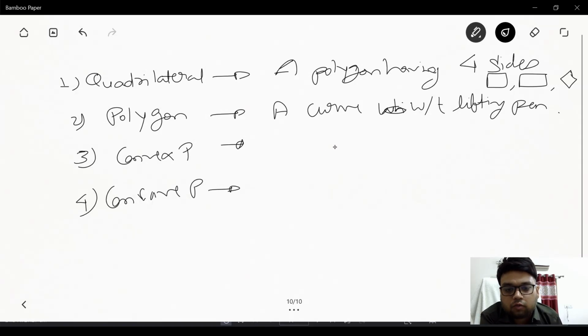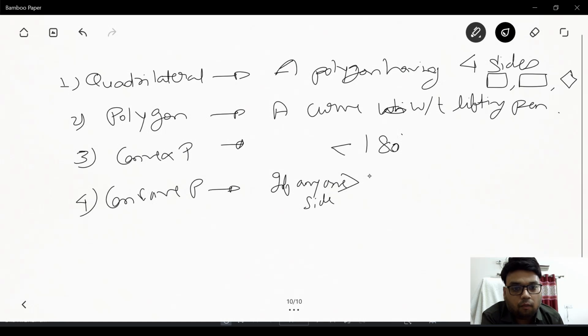A convex polygon has every angle less than 180 degrees; no angle should be more than 180 degrees. In a concave polygon, if any one angle is more than 180 degrees, then the figure is termed a concave polygon. The definitions are simple to understand.